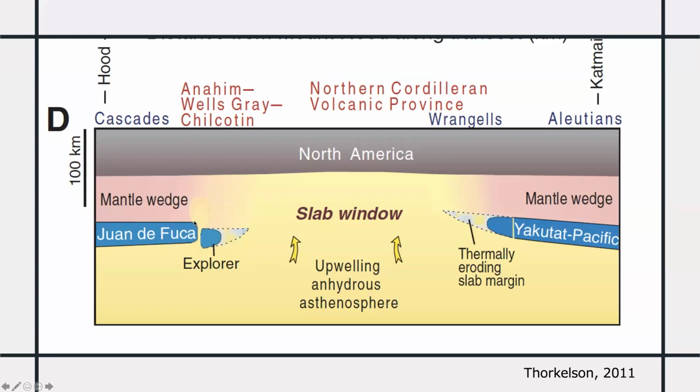So if I look at a transect, this is going from south across the Juan de Fuca plate to the area of the Mackenzie Mountains, at least the southwest part of our array, to the Yakutat Pacific plate, there's been a slab window here, and there's upwelling asthenosphere.